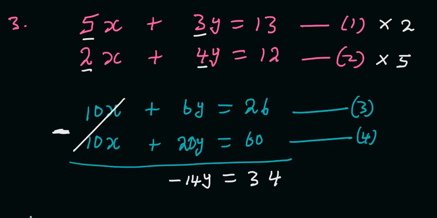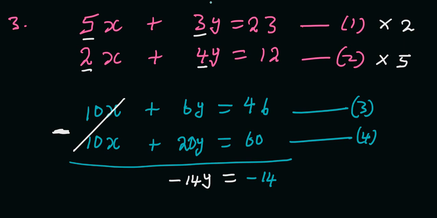Okay, sorry, I need to make a correction. This ought to be 23 and not 13. So 2 times 23, that's going to give us 46. Yeah, 46. So 46 minus 60 is going to give us negative 14 as well.